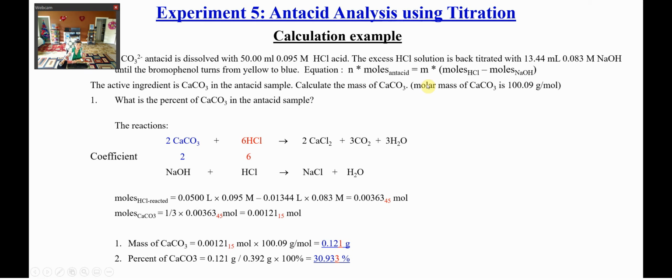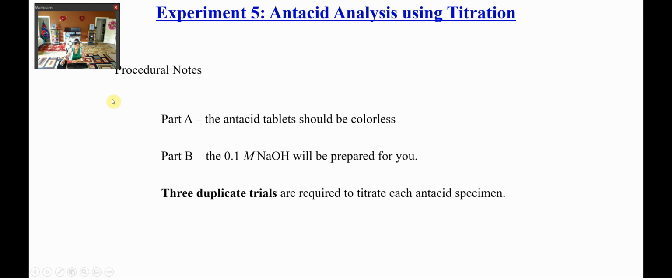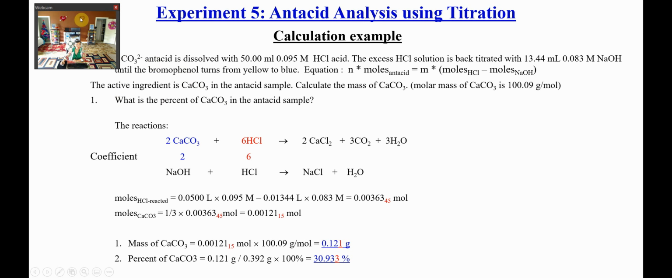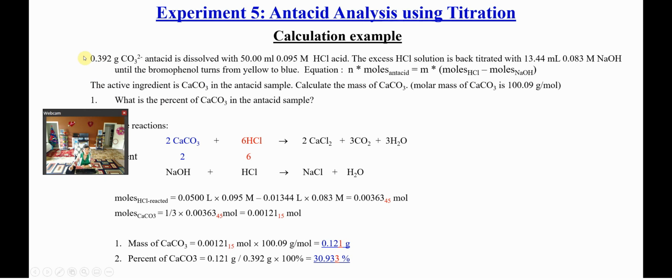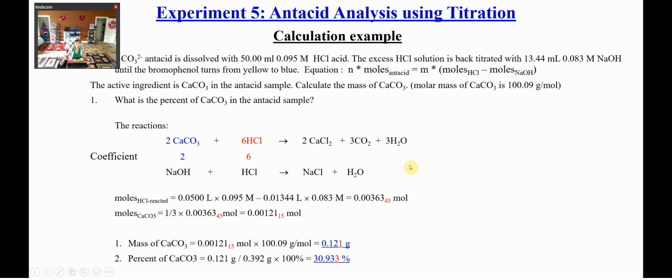I also gave you one example about calculations. You dissolve your antacid into hydrochloric acid, take a certain amount, let it react, and then do the titration. The titration in our case I should call a back titration.